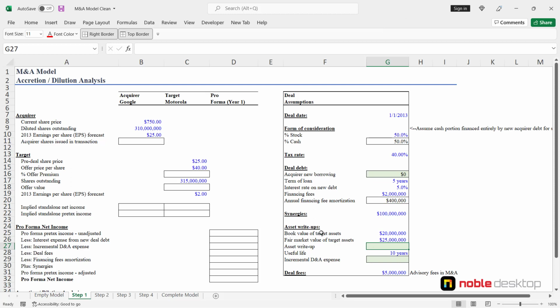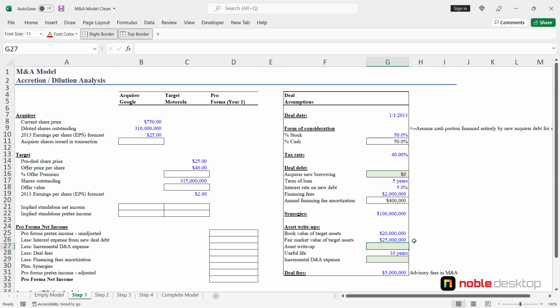Here we have a book value of target assets of $20 million and a fair market value of target assets of $25 million. And this is a very common practice when fair market value is different from book value, and very often it is higher because it includes some of the industry market situation, some brands and intellectual property that might add into the market value of target assets, which is not included in the book value.